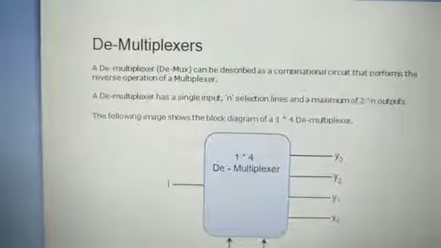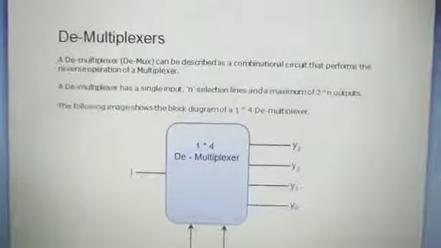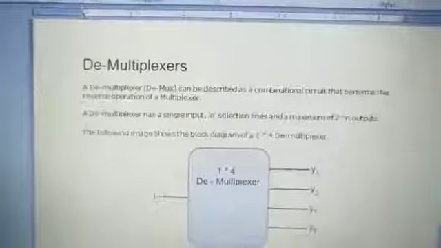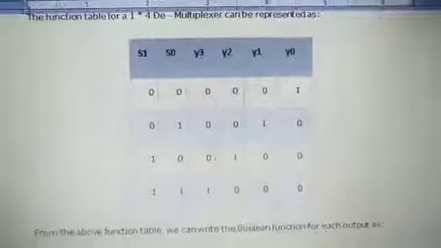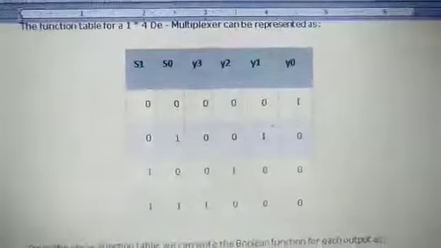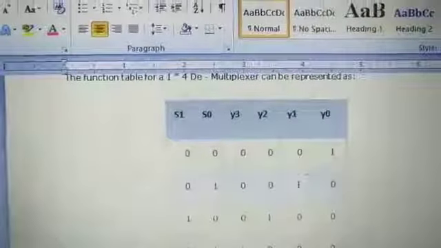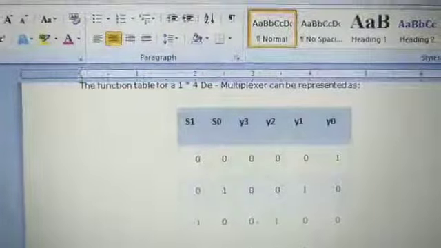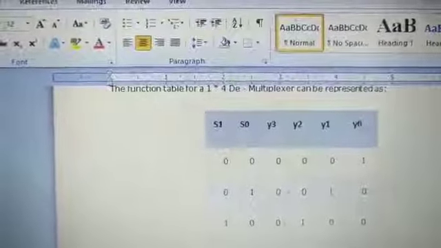From the truth table we need to identify how we can implement the logic circuit diagram. Here I is the one input, S0 and S1 are the select lines, and the outputs are Y0, Y1, Y2 and Y3. It is clear that the data input I is connected to Y0 when S1 is 0 and S0 is also 0.